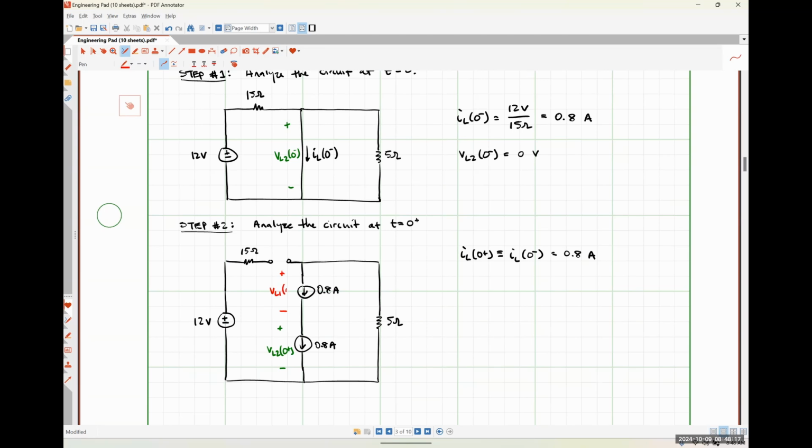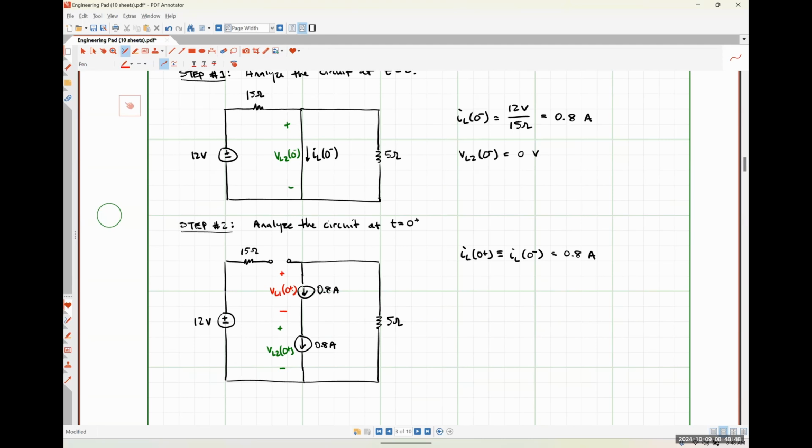So this would be VL1 at 0 plus. When I combine those two current sources together, I'm throwing away the fact that there might be different voltage drops across both of those inductors. In order for me to figure out just that individual inductor voltage, I'm going to need to pull a little trick here.